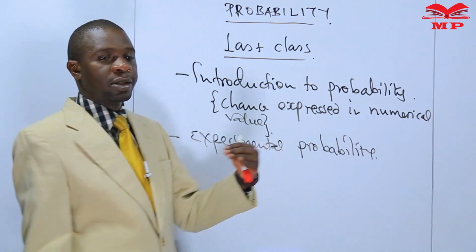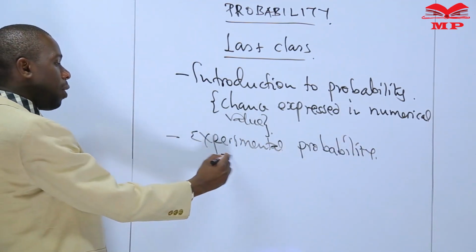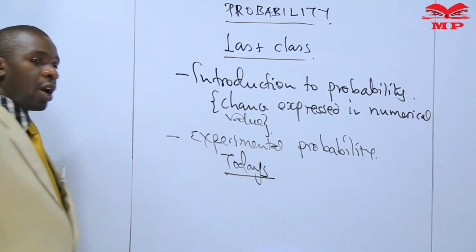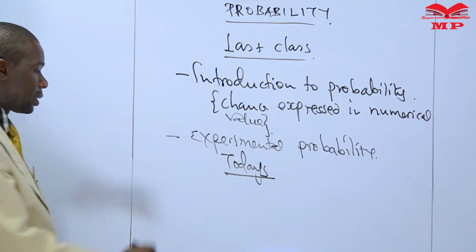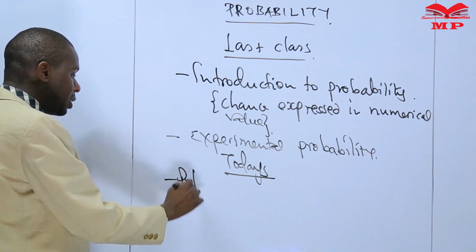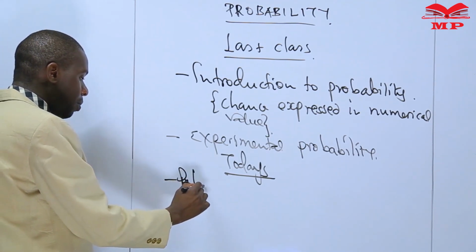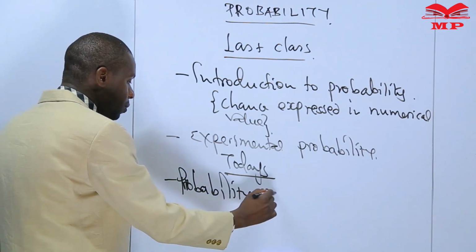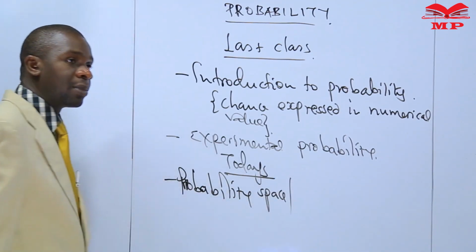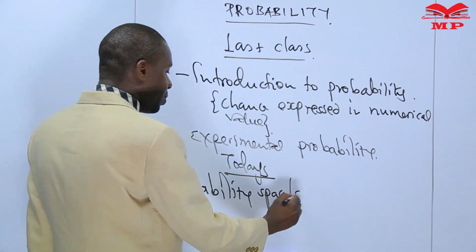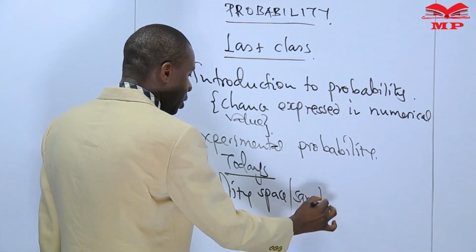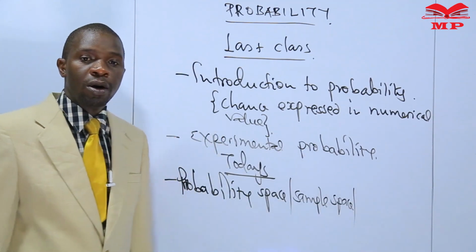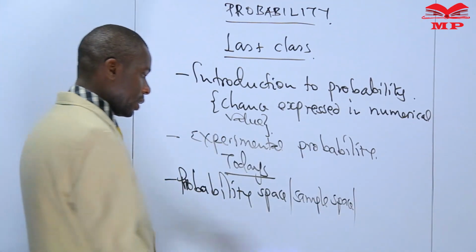Now, today I want us to move forward. So today's class, like I've told you, we are going to look at probability space, which is also sometimes called sample space, and sometimes it's also called possibility space.